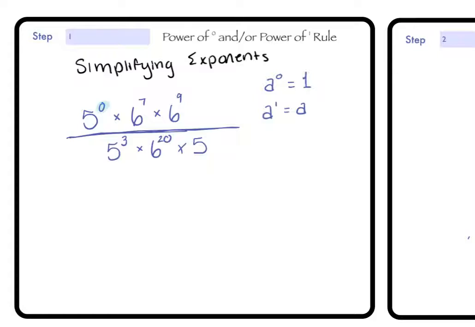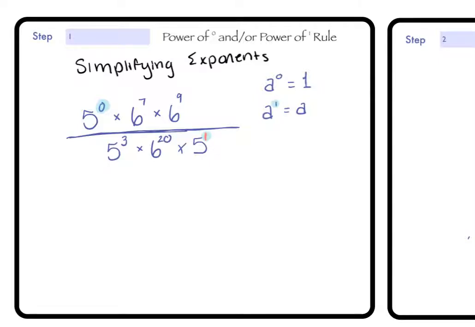We have a power of 0 right here. Do we have a power of 1? You have to recognize that the power of 1 is just when we have the base all by itself. So are any bases by themselves? Yes. This would technically be a power of 1. Just make sure you recognize that even if there isn't a 1 there.